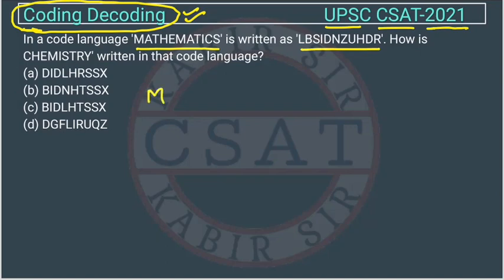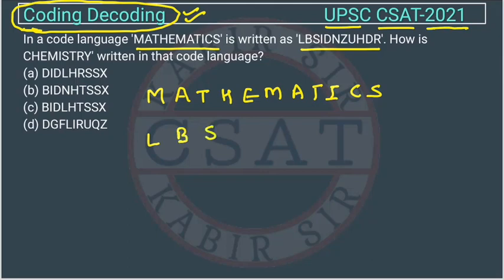So in some code language mathematics is written as this one, right? So we have to find what logic they have applied to convert it into this new code, right? And the same logic we will apply on chemistry, right?